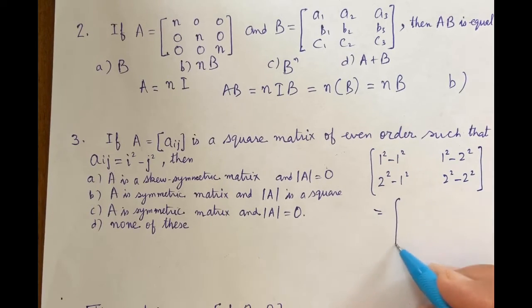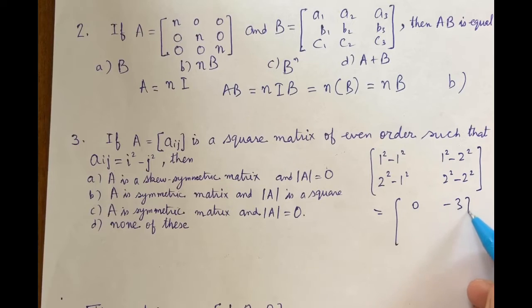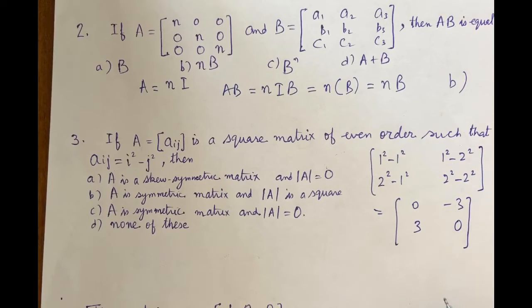This is 0, this is minus 3, this is 3 and this is 0. So we can see this is a skew symmetric matrix.